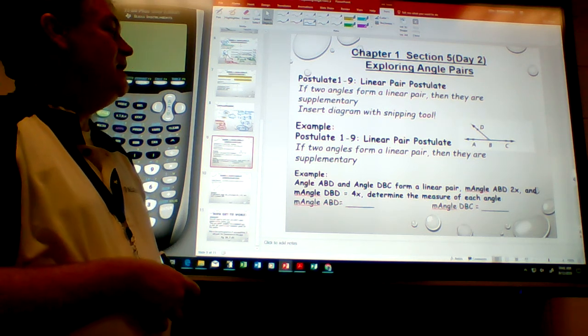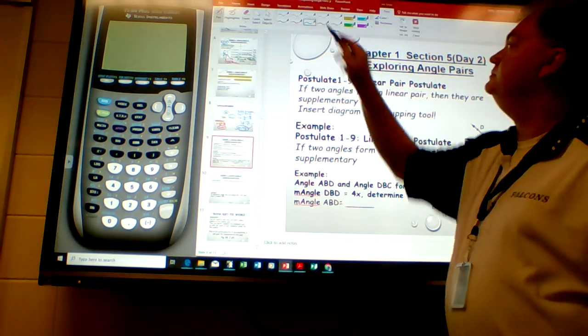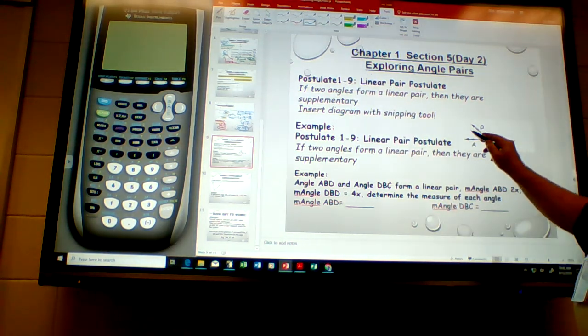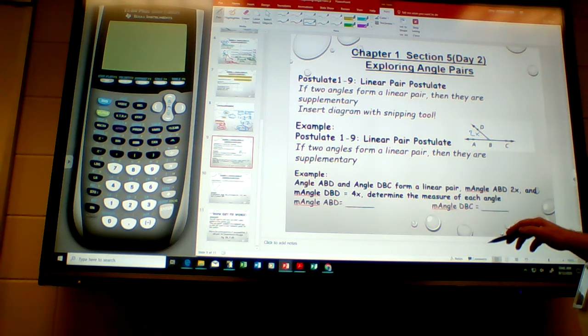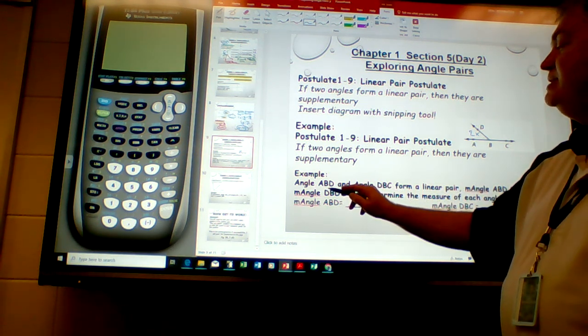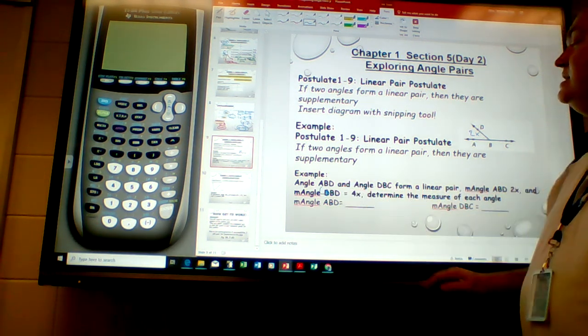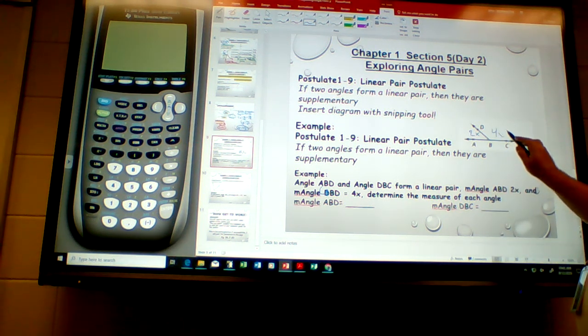All right, so I have this angle right here. Angle ABD is 2x, and the measured angle in this, actually, should be CBD is equal to 4x. So this is 4x. That's what it should say.